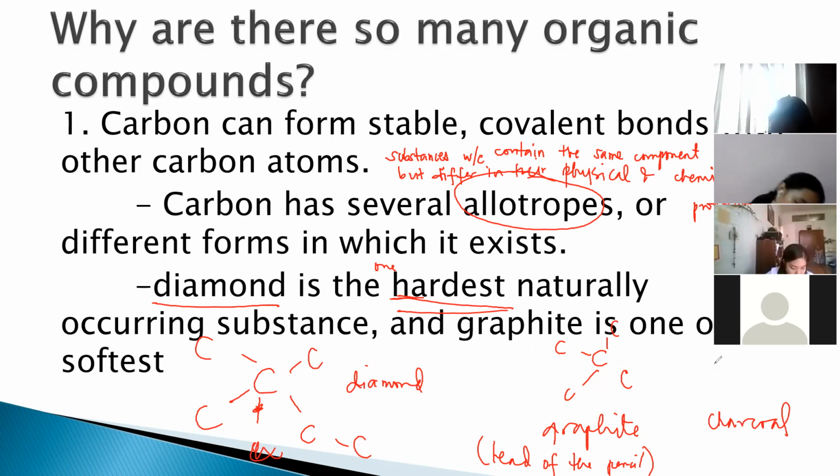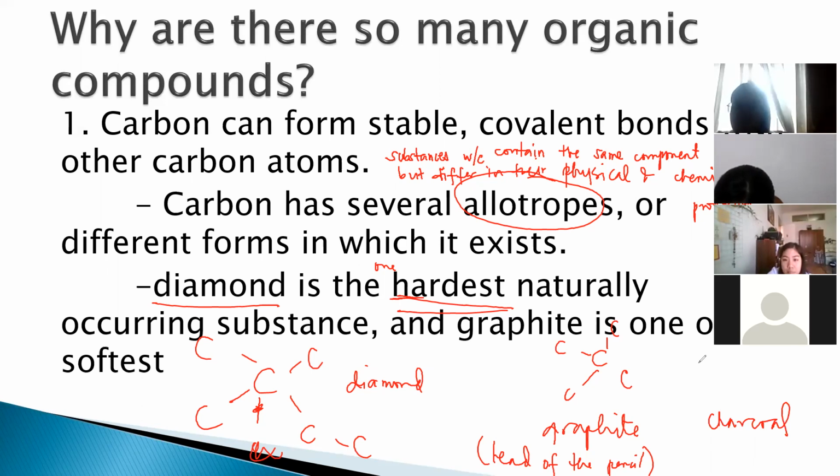You know that the charcoal is also made up of carbon. So it's also one of the allotropes of carbon. But if we compare it sa diamond and sa graphite, you can easily see and observe that it also has different physical and chemical properties.